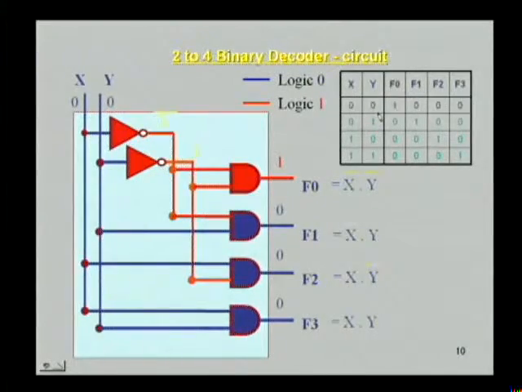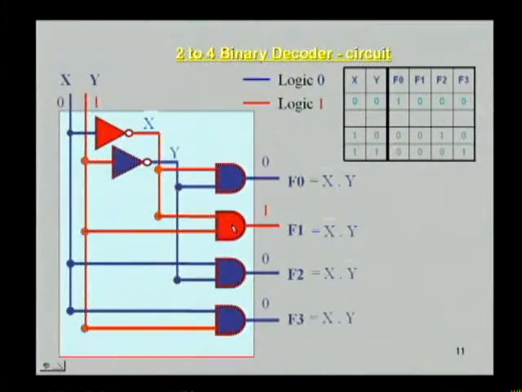Now we see what happens if X is 0 and Y is 1. For this combination, we can see second AND gate inputs are high, hence its output will be high, and for other AND gates at least one input is 0, so their outputs are forced to 0.